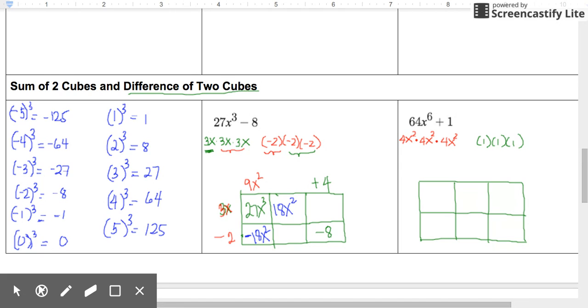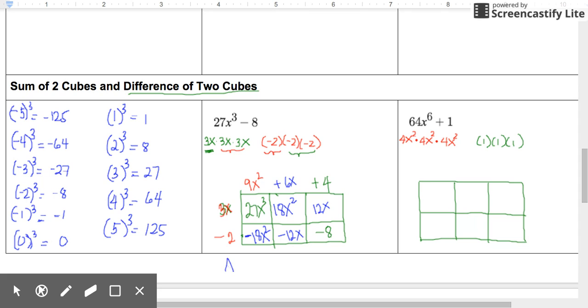Now we think of what we multiply by 3x to get 18x squared, and that's going to be positive 6x. Now we can fill up the rest of the box. 6x times negative 2 is negative 12x, and 4 times positive 3x is 12x.